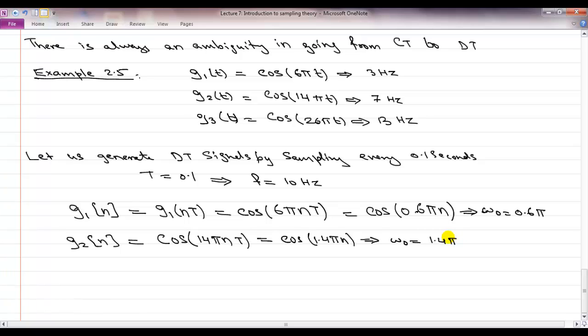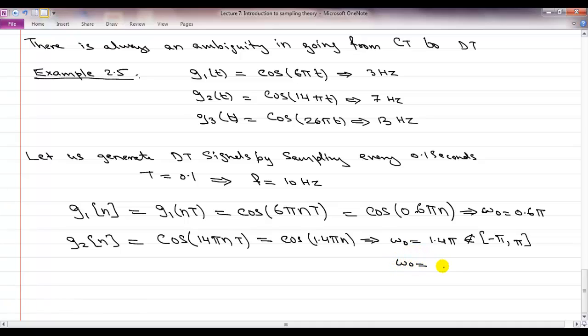But what do we notice here? This omega naught is 1.4 pi, but this does not belong in the range of minus pi to pi, which means there is a frequency between minus pi and pi which is the same as this omega naught 1.4 pi. And how do you get to that?